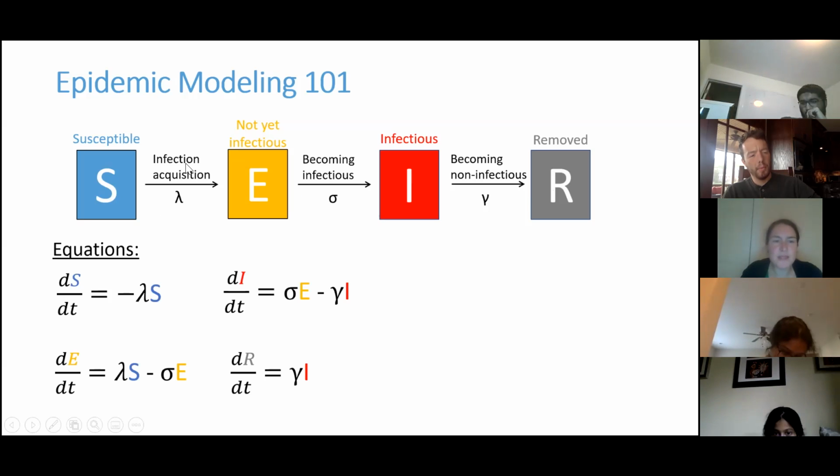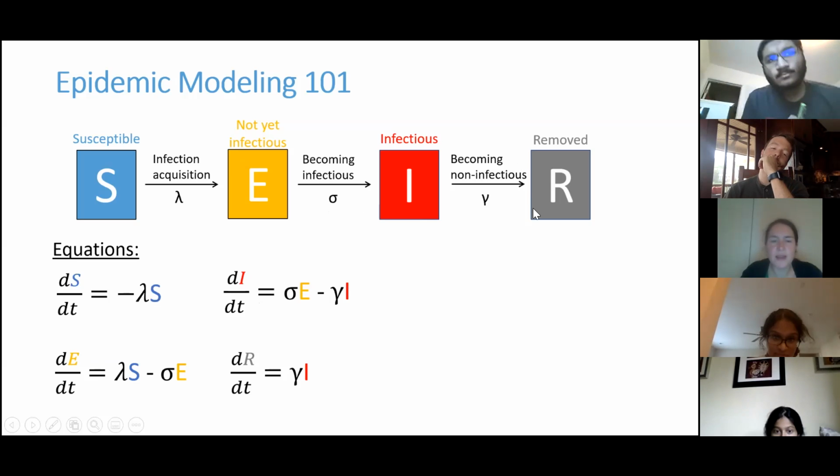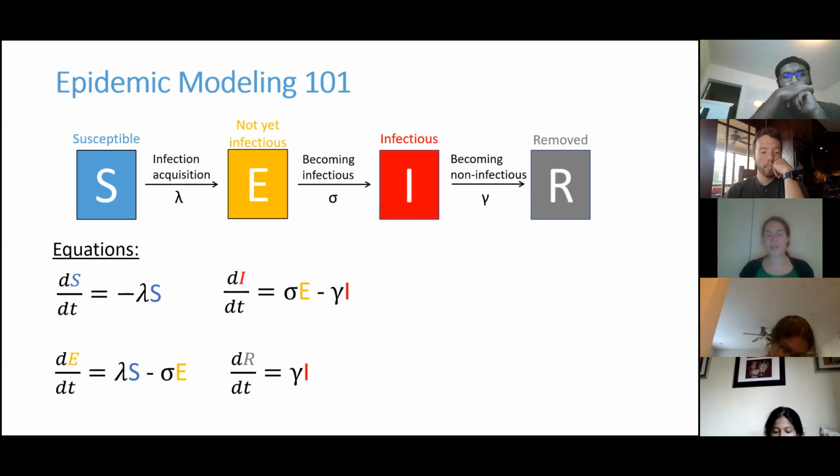So you see the equation describing the rate of change in susceptible people, driven by lambda. For the infected but not yet infectious compartment, we've got lambda S, people coming in, minus sigma E, people coming out. Similar for the I equation, people coming in at rate sigma, people coming out at rate gamma. And then in the removed category, people are coming in at rate gamma. So that's our model.